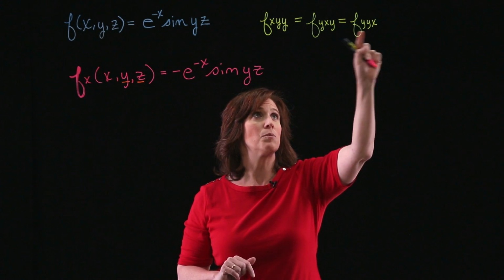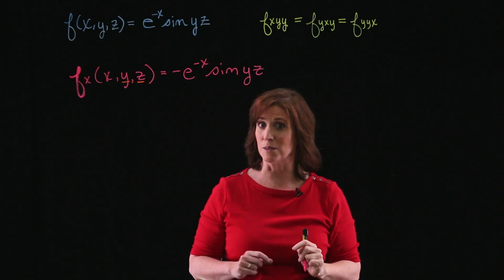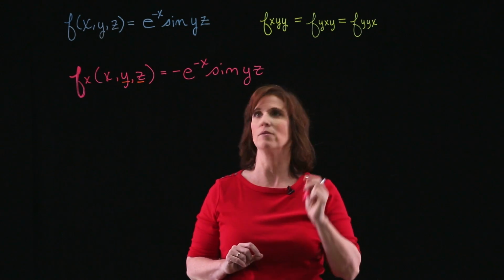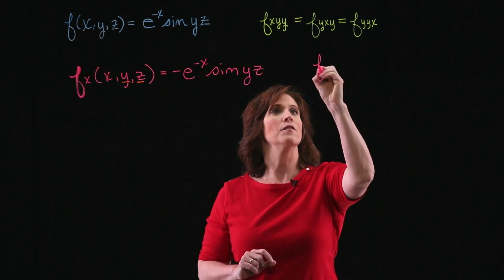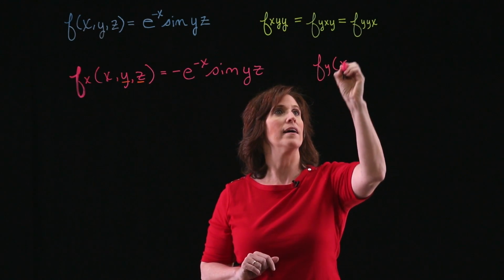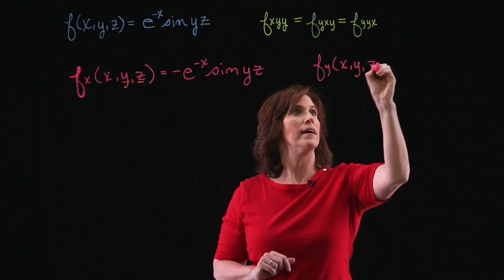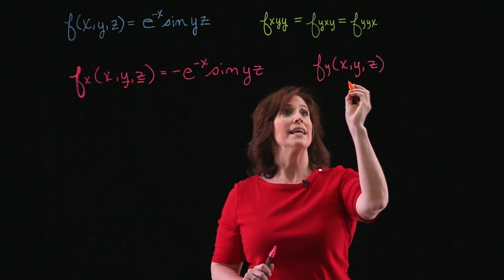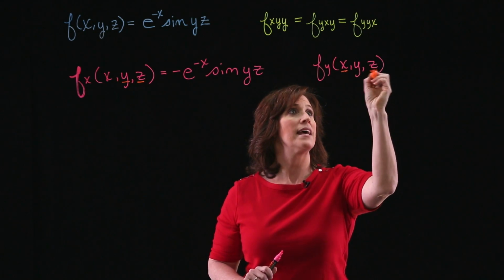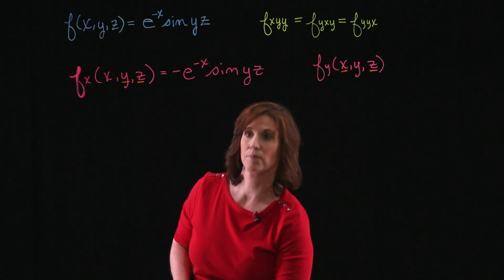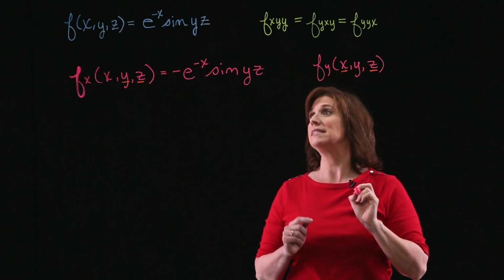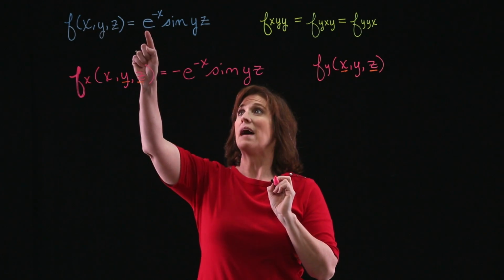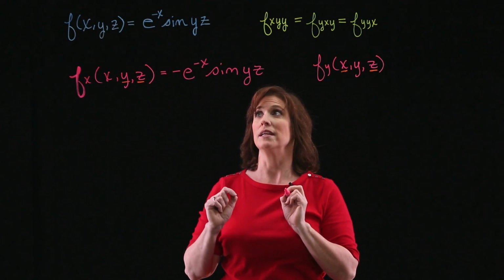Again, to do these mixed partials, I'm going to need the first partial with respect to y. So let's go ahead and do that now as well. So I'll take the first partial with respect to y of f(x, y, z). And again, I'm going to be treating, in this case, the x and the z as if they're constants. So if I'm treating x and z as constants, then that means e to the minus x will be treated as a constant.